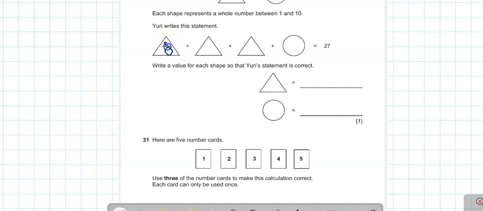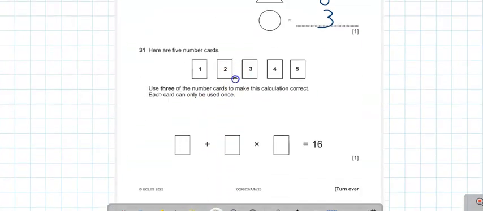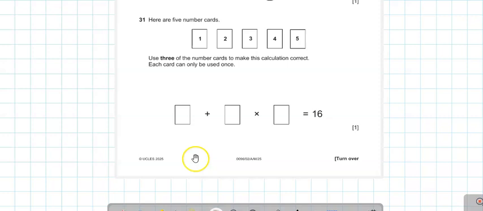So 8 plus 8 plus 8 is 24. 24 needs 3 more. So 8 and 3. If I use 7, 7 and 7 and 7 is 21. 21 needs 6 more.